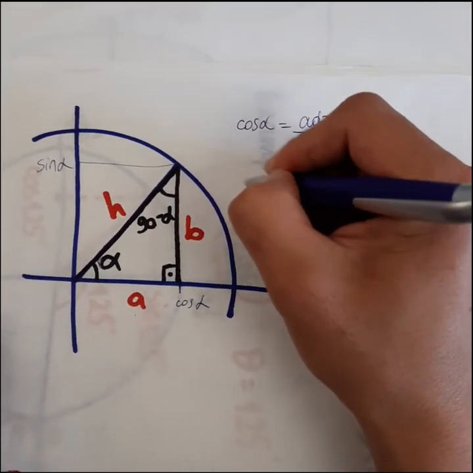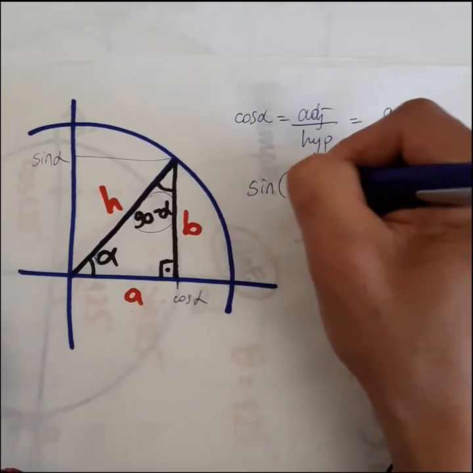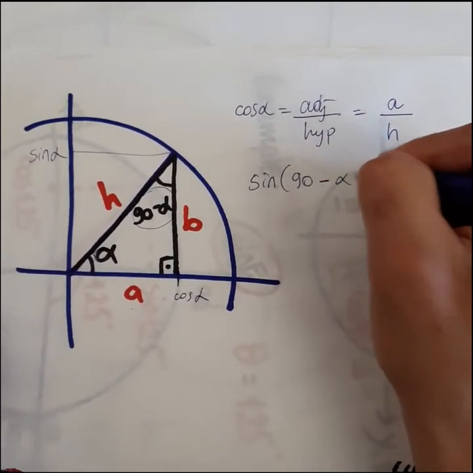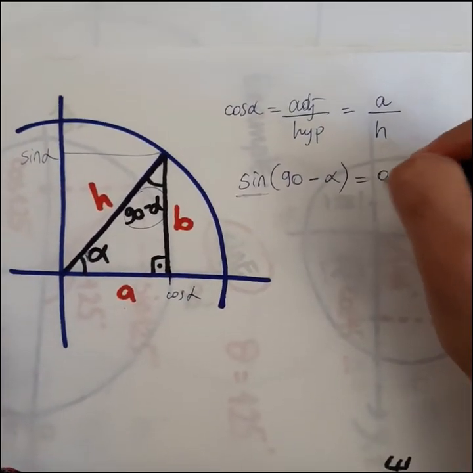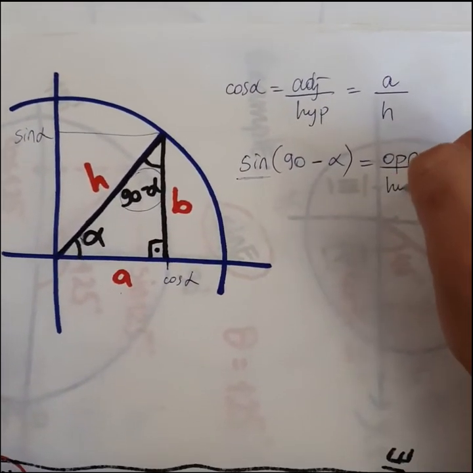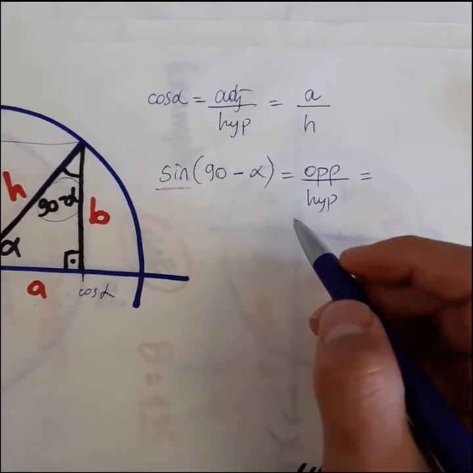So next, what about the sine of 90 degrees minus alpha? What's the formula of sine? It is the opposite over hypotenuse, and the opposite and adjacent depend on the angle.